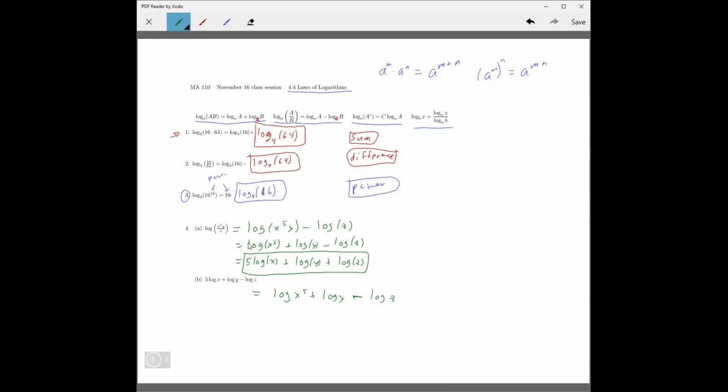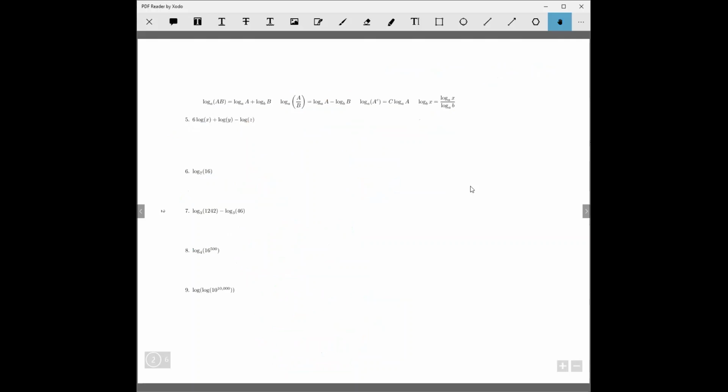That's just the same as this one right here. And then combine these two. Then by the product rule, and then by this rule, just do the final step. And there's your answer.